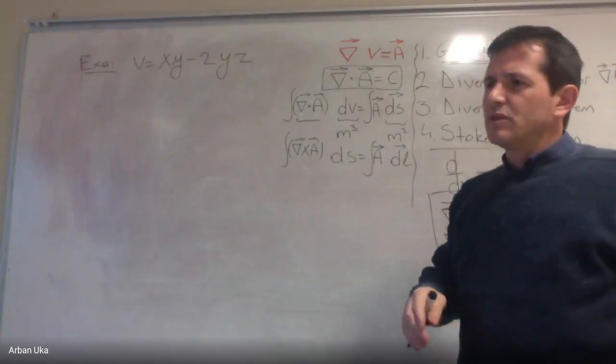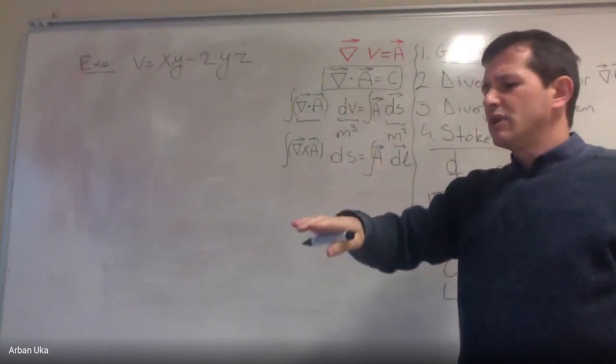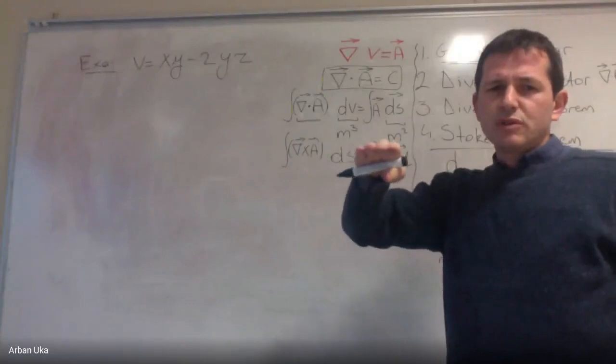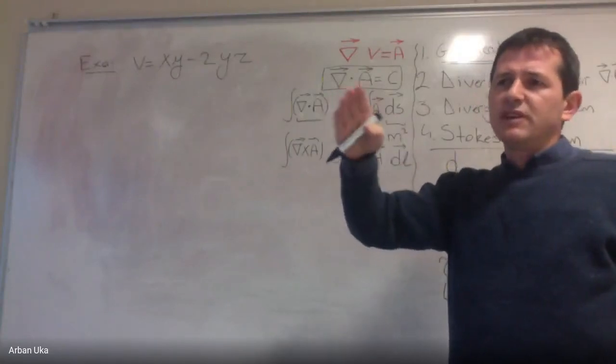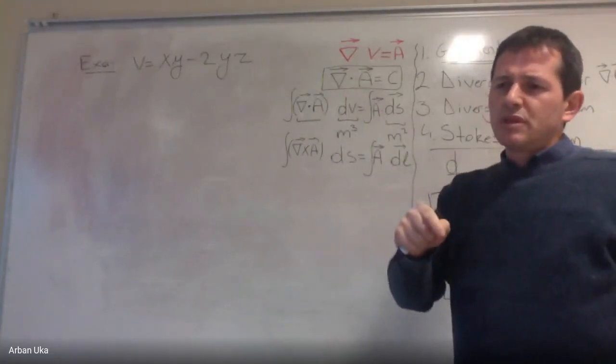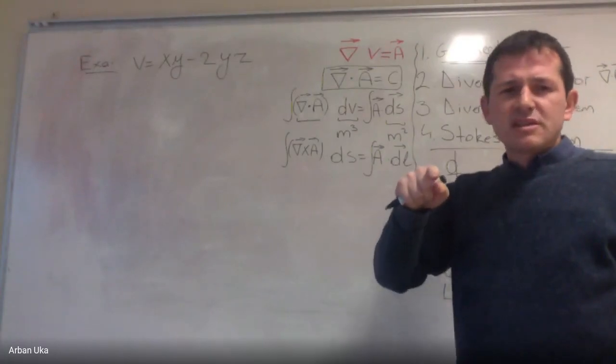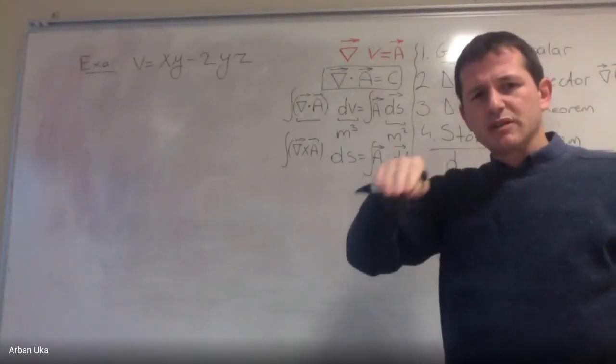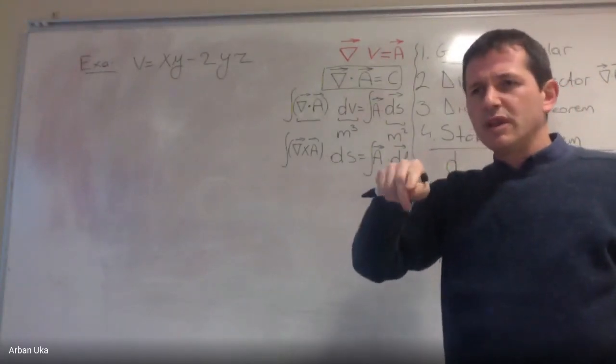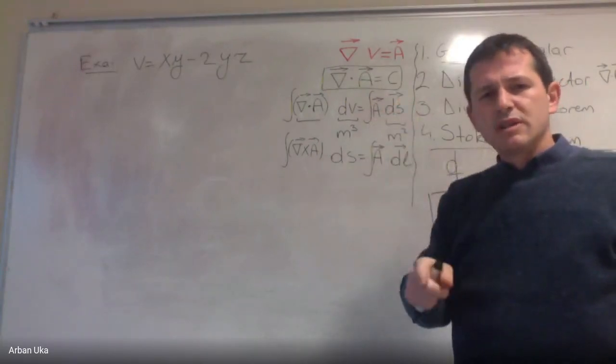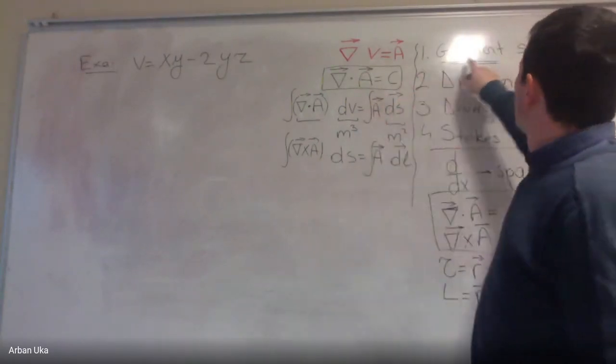Let's assume that you go to a mountain, and you can go to different points of the mountain. If you find the steepest point at any point on the mountain, that can be given by the gradient of a scalar field.